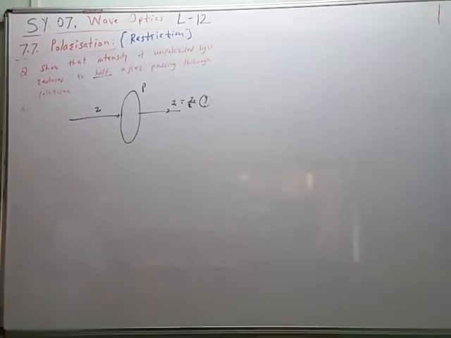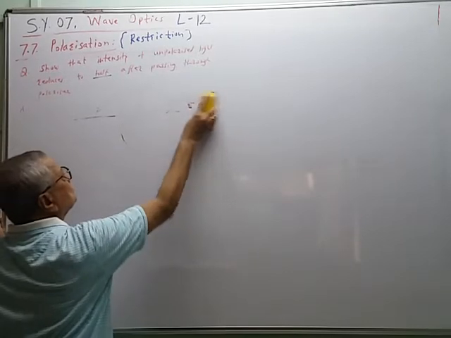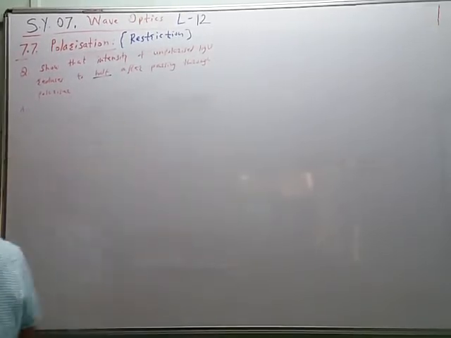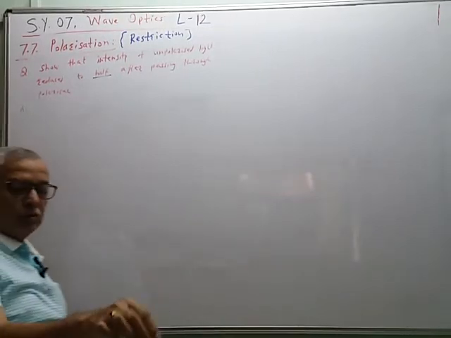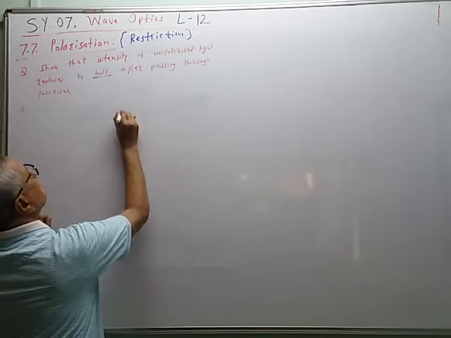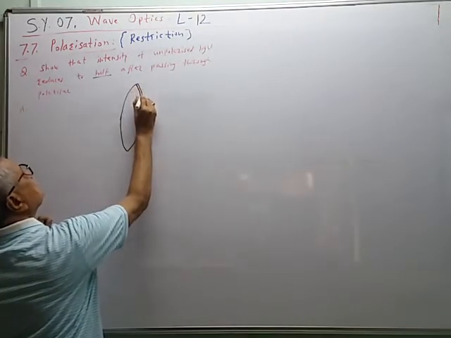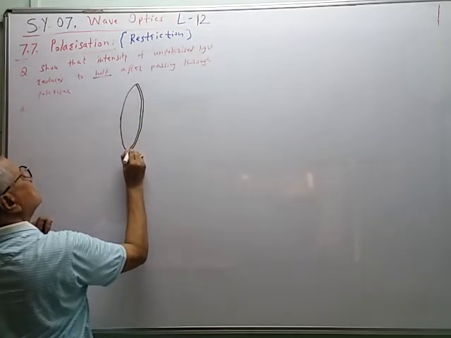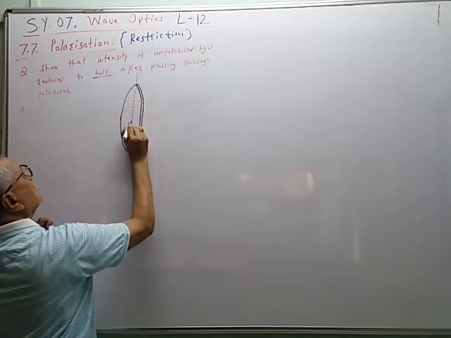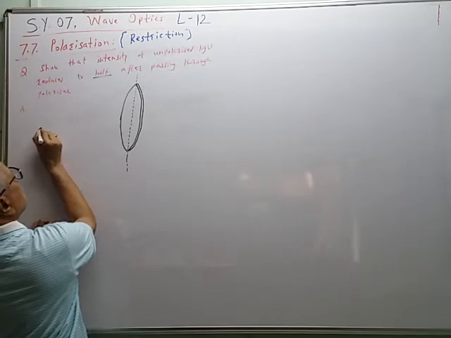So I will redraw the figure like this. This is a polarizer, a polarizing disc. This is the optic axis, the polarizing axis, like this.